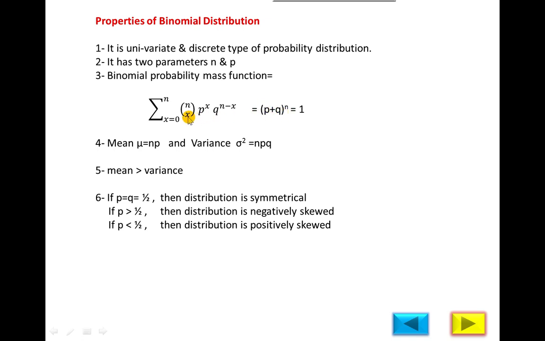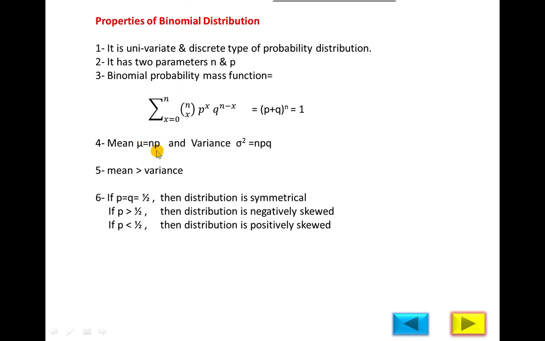If you substitute different values of x equal to 0, 1, 2, 3 up to n, you will obtain this. The sum of the probabilities is always equal to 1, since 1 power n is equal to 1. Mean is equal to np, mu is equal to np.